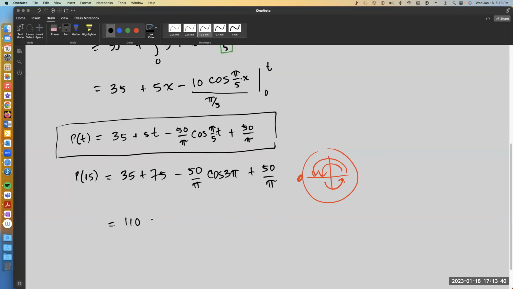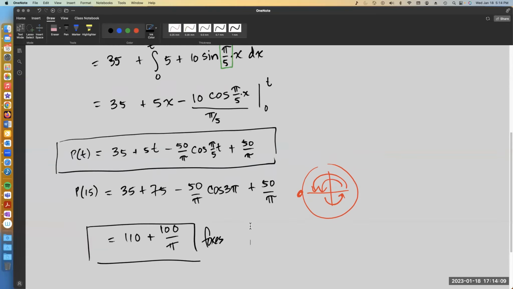So we get 110 minus 50 over pi, and you just told me that cosine was negative 1, so that makes a plus. We have 50 over pi plus 50 over pi, that's 100 over pi. If we wanted to, we'd type it into our calculator and approximate it to the nearest fox, and we'd be golden.